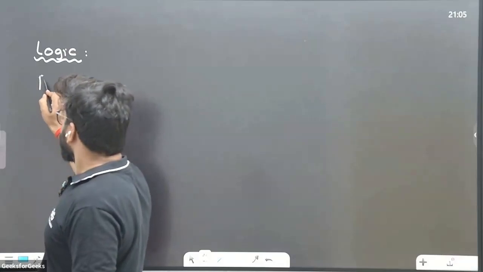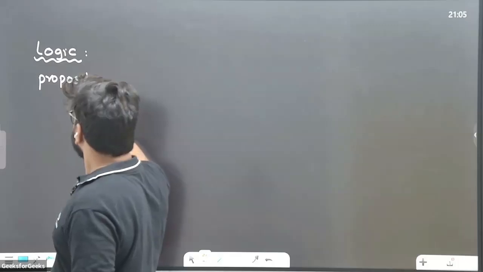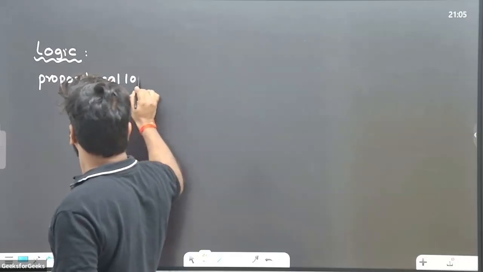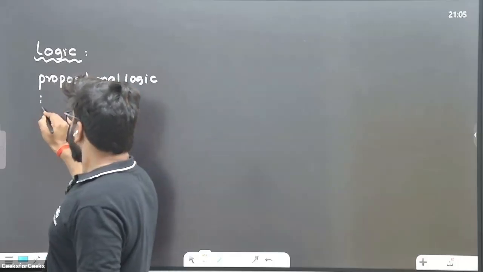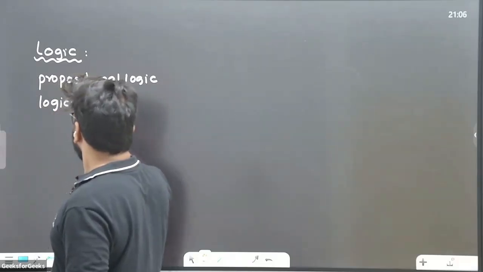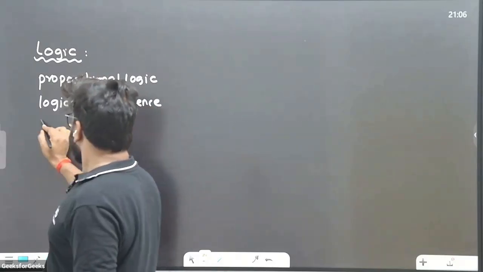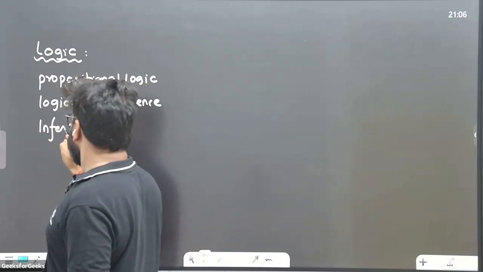The first one is called propositional logic, and the second topic that we are having is called logical equivalence, and the third topic is called the inference rule.